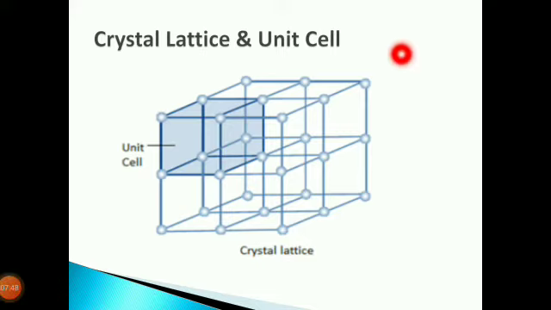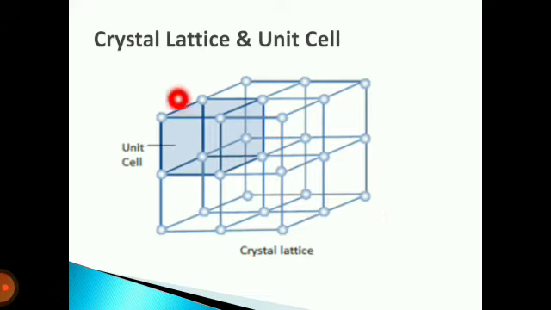Lattice and unit cells. This is an image of a crystal lattice. What is a crystal lattice? A crystal lattice is the highly ordered three-dimensional structure formed by its constituent particles such as atoms, ions, or molecules.